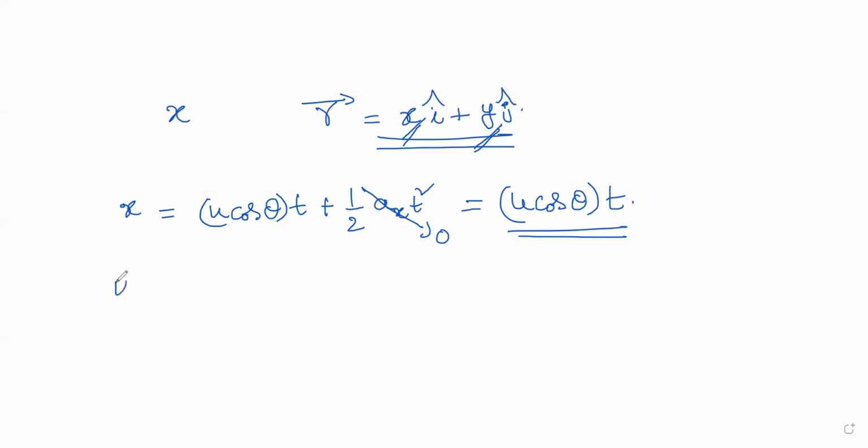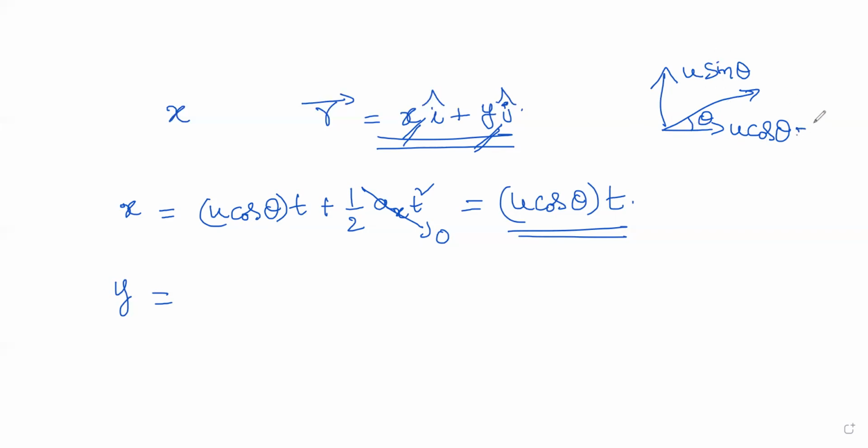Now what would be the displacement in the y direction? If you resolve the velocity vector into components, you get u sin theta and u cos theta. All of you must know this. This is how the projectile is projected with an angle theta, and this is how the initial velocity is resolved into components.